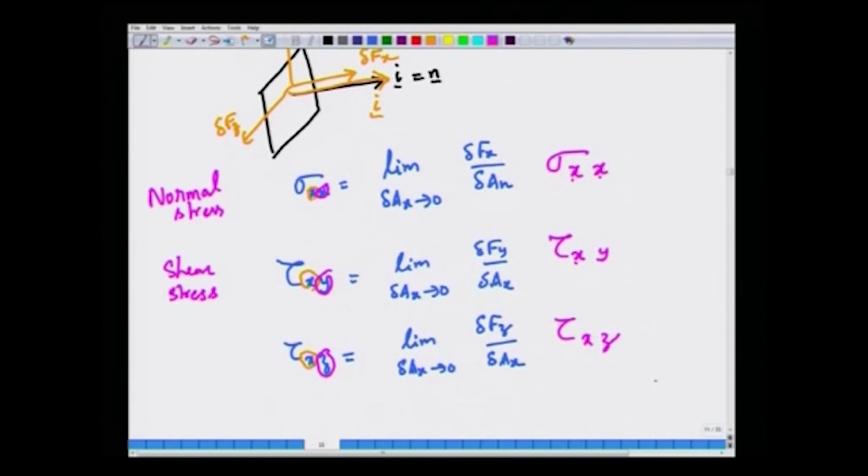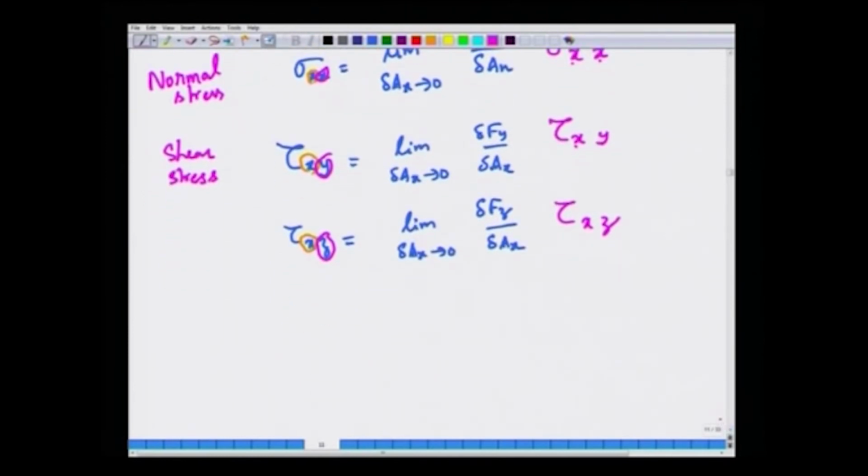So, there are two subscripts associated with the stresses. If you notice, a vector like velocity can be written as V x times i plus V y times j plus V z times k, the components along the three coordinate directions times the unit vectors. There is only one subscript x, y and z, because there is only one direction associated with velocity, namely the direction of the velocity.